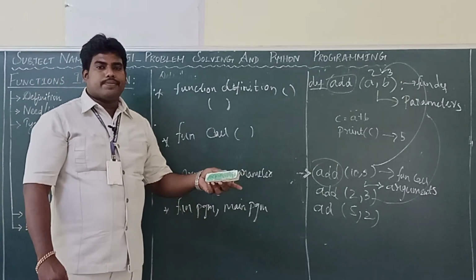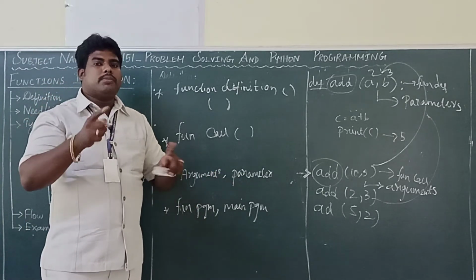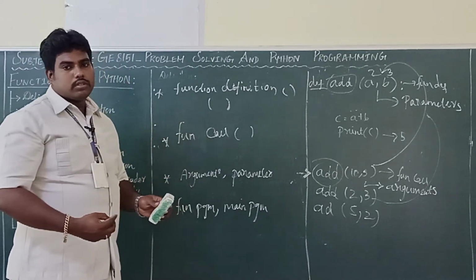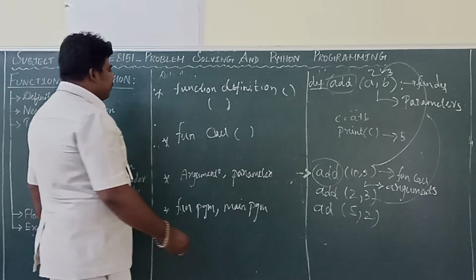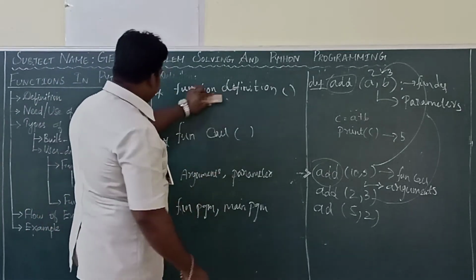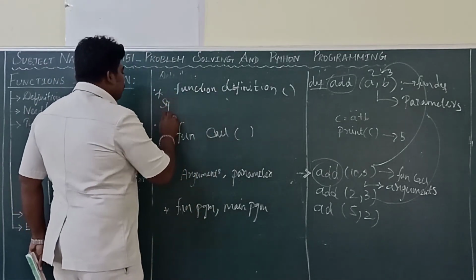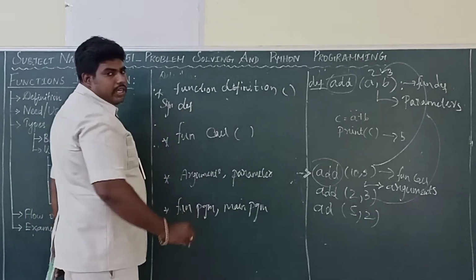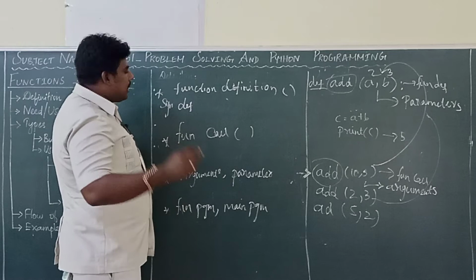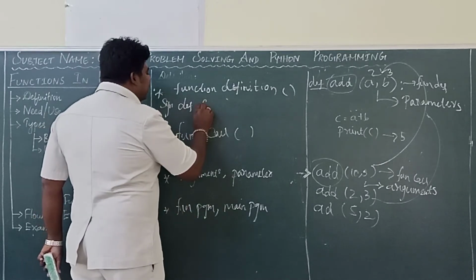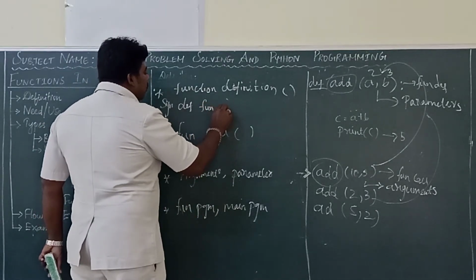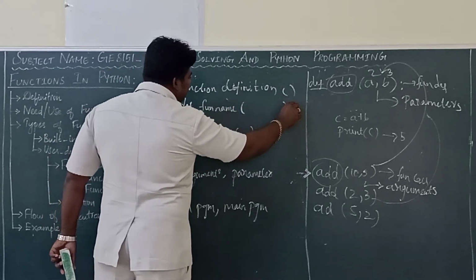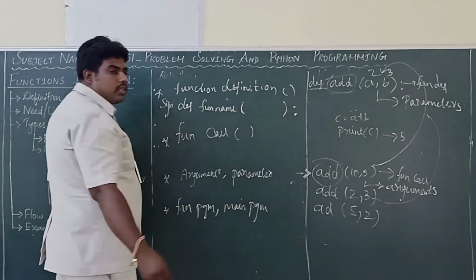See, input and print come along with brackets. We say all these things are functions. Got it? So here the syntax is def. Def is a keyword to denote the function definition. Then function name, then brackets, ending with a colon.